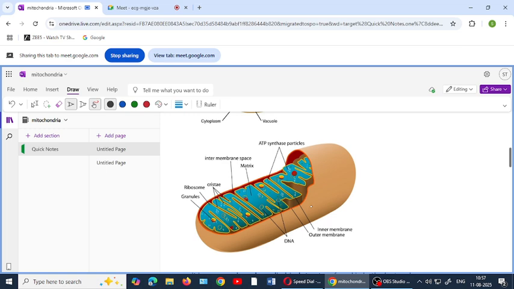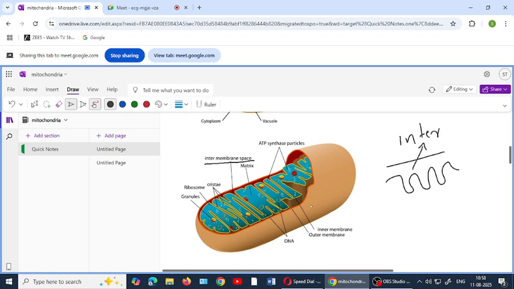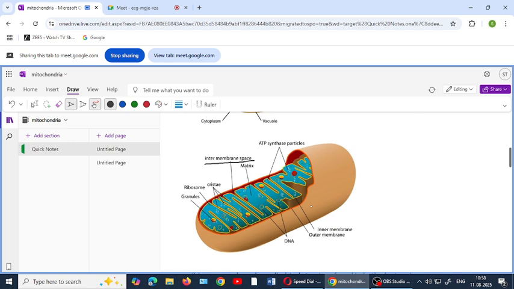Okay, and here you can see the intermembrane space like this. This space is called the intermembrane space. Inter means in between. Yes. So this is the intermembrane space, and also ATP synthase particles. ATP synthase particles, which are located where? In the matrix.